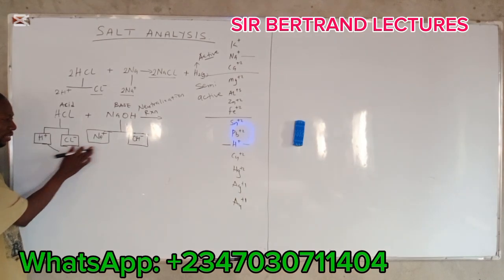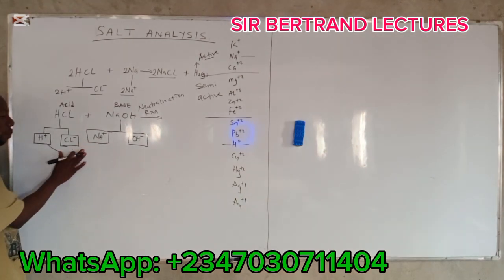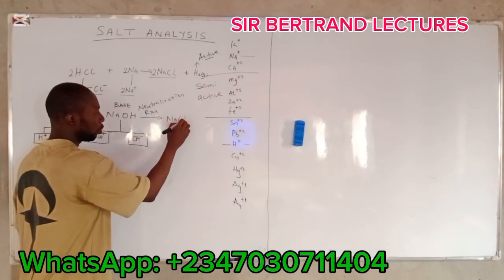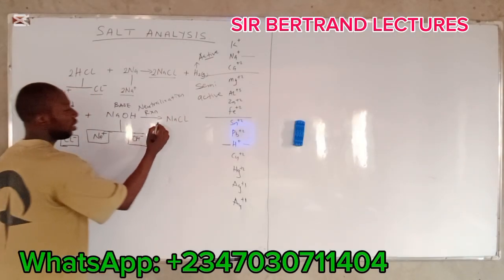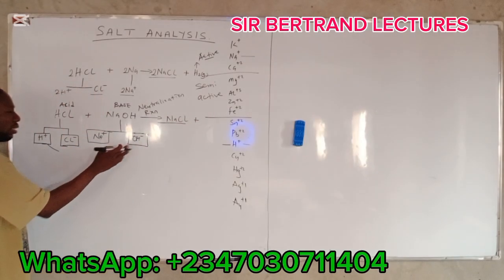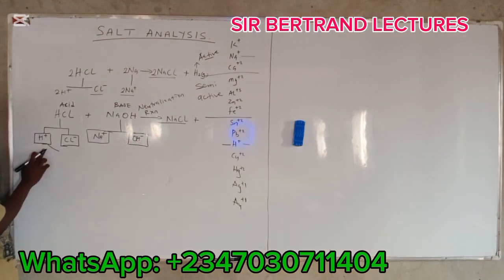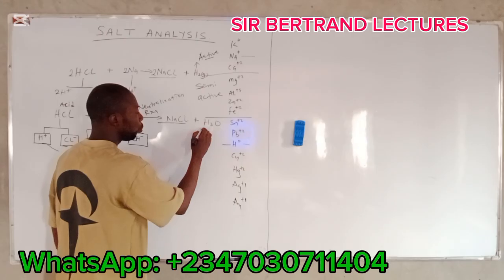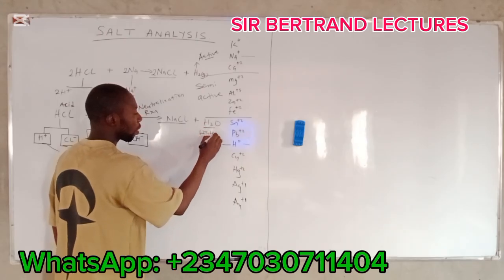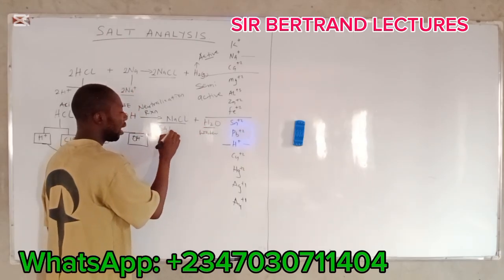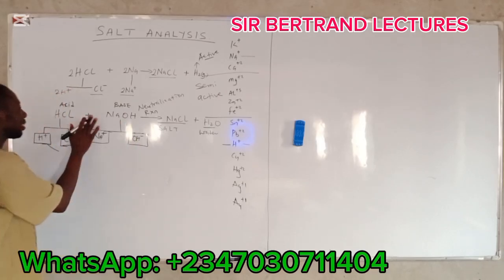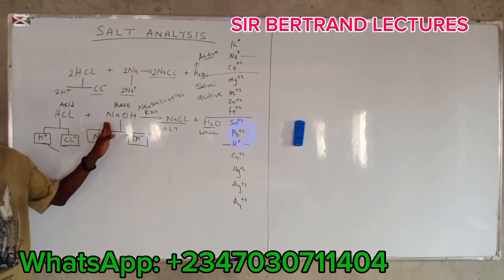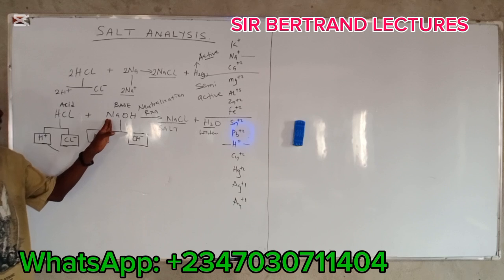Sodium ion combined with chloride ion gives us sodium chloride, which is a salt. Now, the hydroxide ion combined with hydrogen ion gives us H2O, which is water. All right? Now, acid reacts with a base. This base here is an alkali because it is a soluble base. All right?